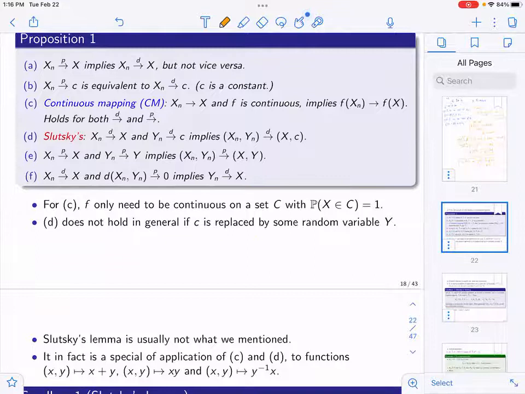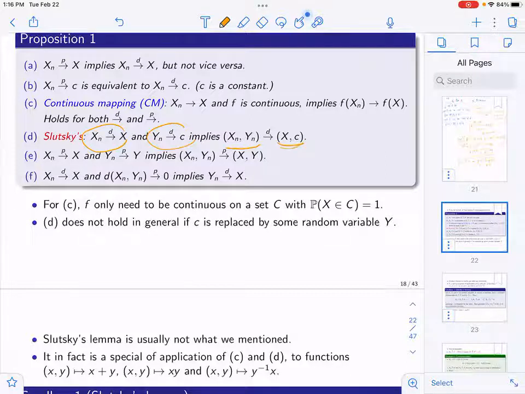There's Slutsky's lemma, which is really important to us. If X_n converges in distribution to X and Y_n converges in distribution to c, a constant, then the pair (X_n, Y_n), which is a random vector, converges in distribution to the distribution of another random vector, and it turns out that it converges to the distribution of (X, c).